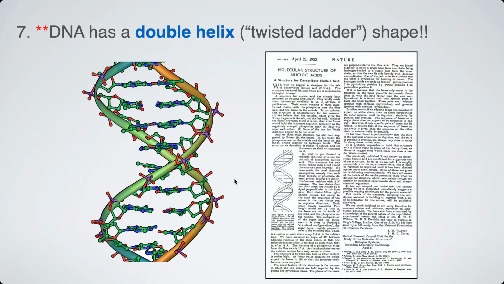That's a double helix. Here is that simple double helix diagram that was published in the journal, not magazine, Nature, in April of 1953. It's probably one of the more famous journals out there, and this is one of the most famous issues.